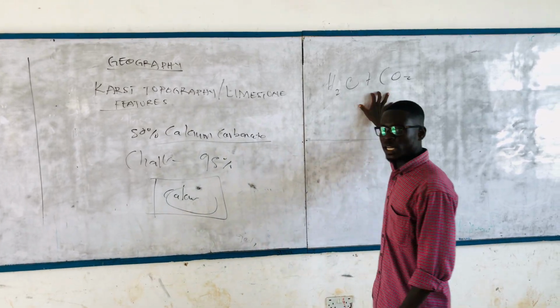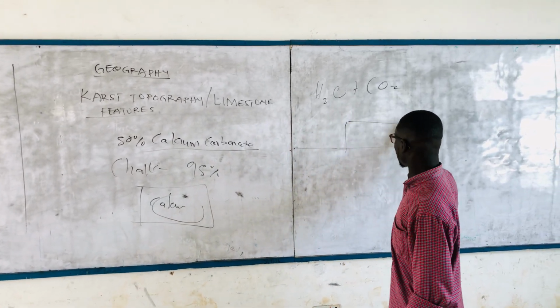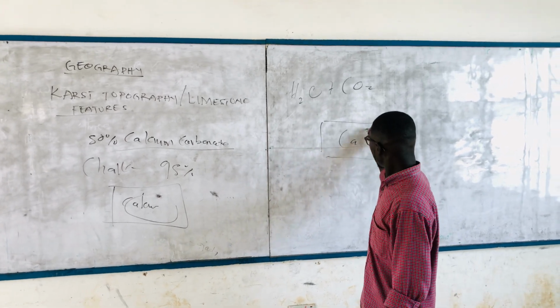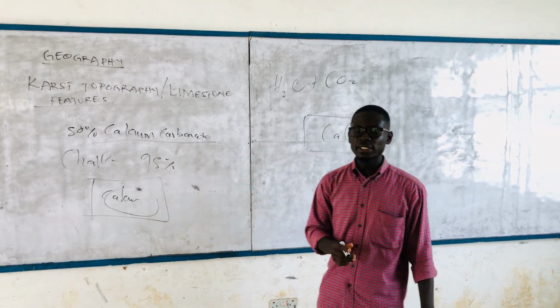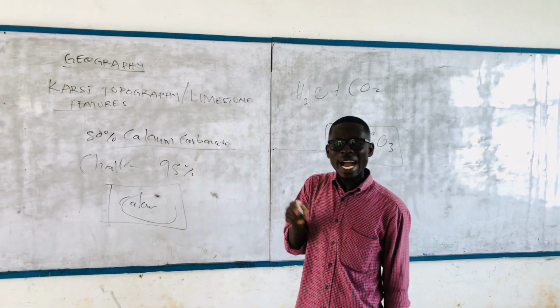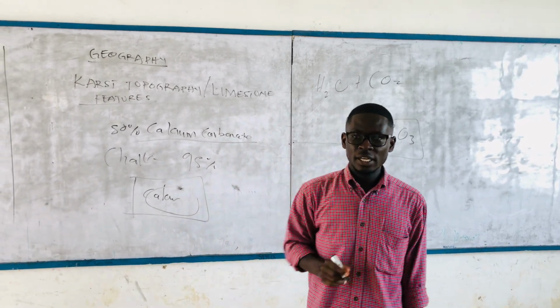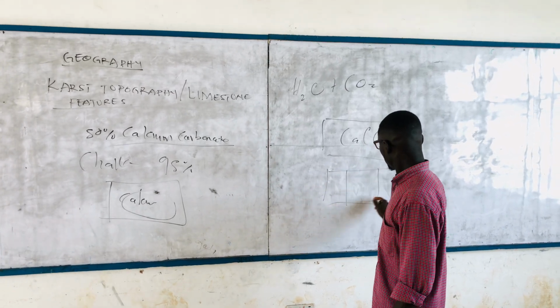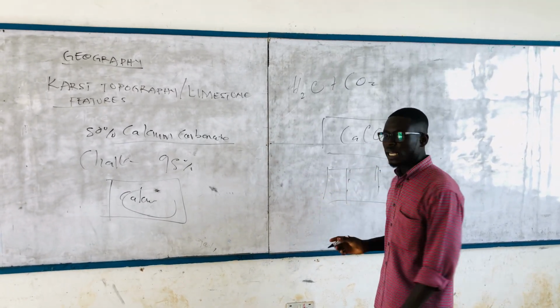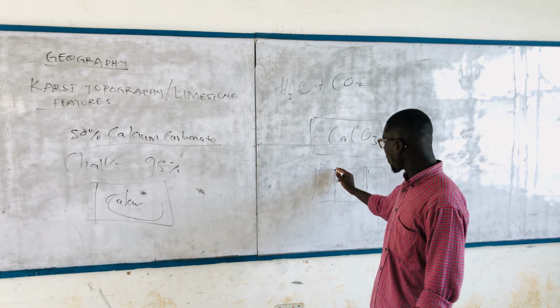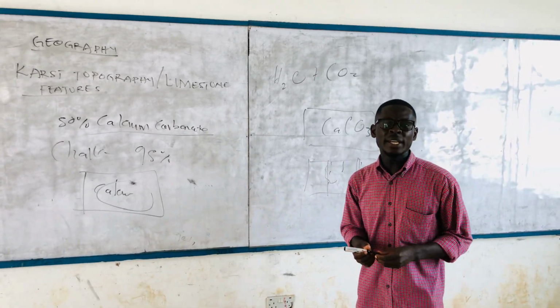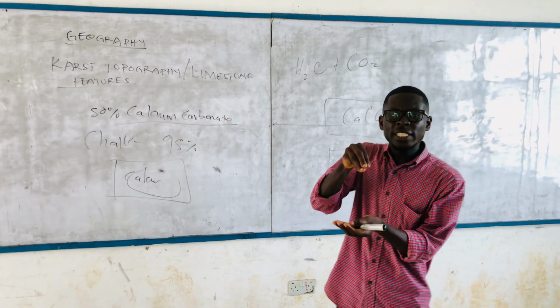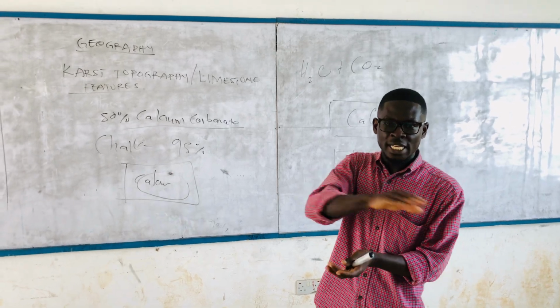This weak carbonic acid enters into rocks containing calcium carbonates, and it turns to calcium bicarbonate. It enters into the rock joints and opens up the joints. When this occurs, features will be formed on this limestone.